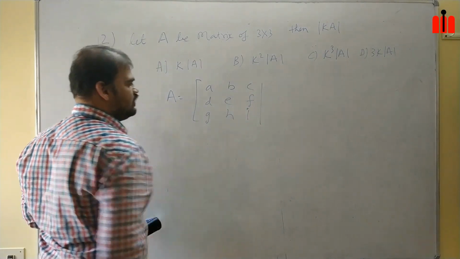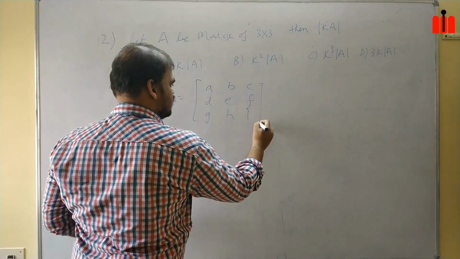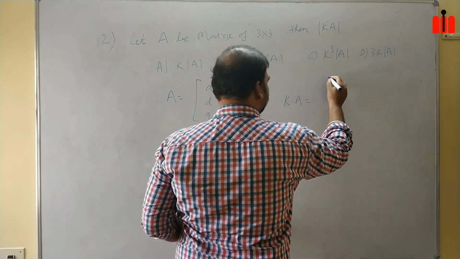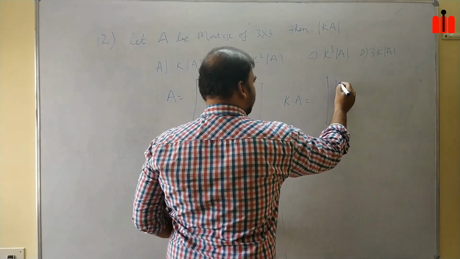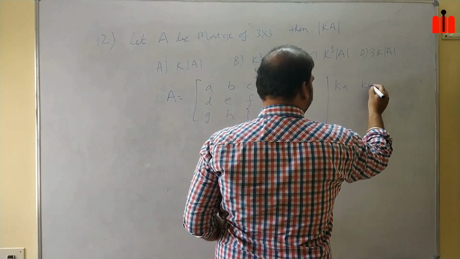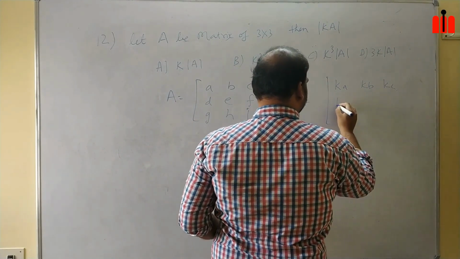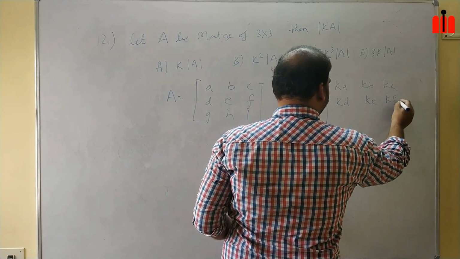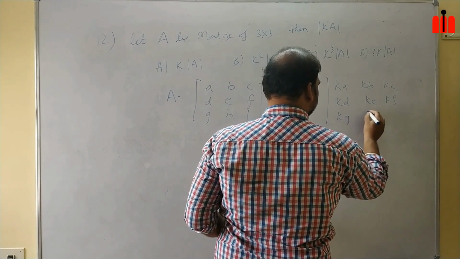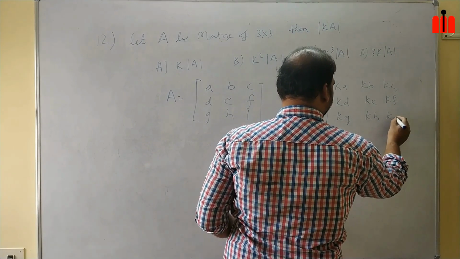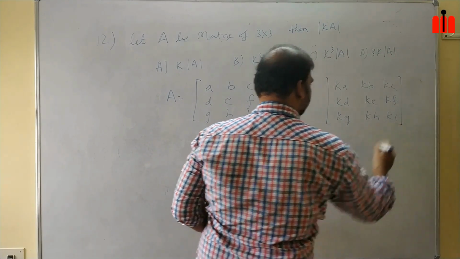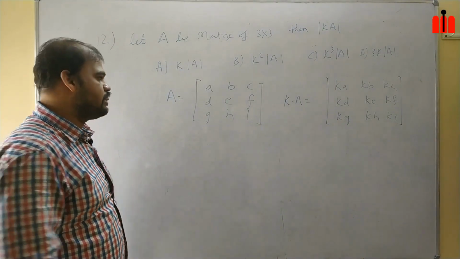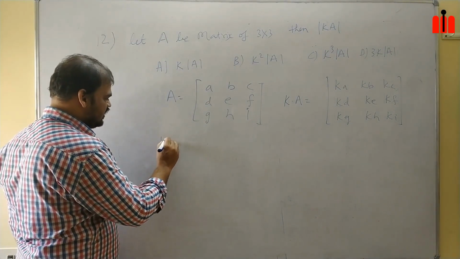Now what will be my kA? kA will be ka, kb, kc, kd, ke, kf, kg, kh, ki. So we had multiplied each and every term with k. Now let's find the determinant of kA.